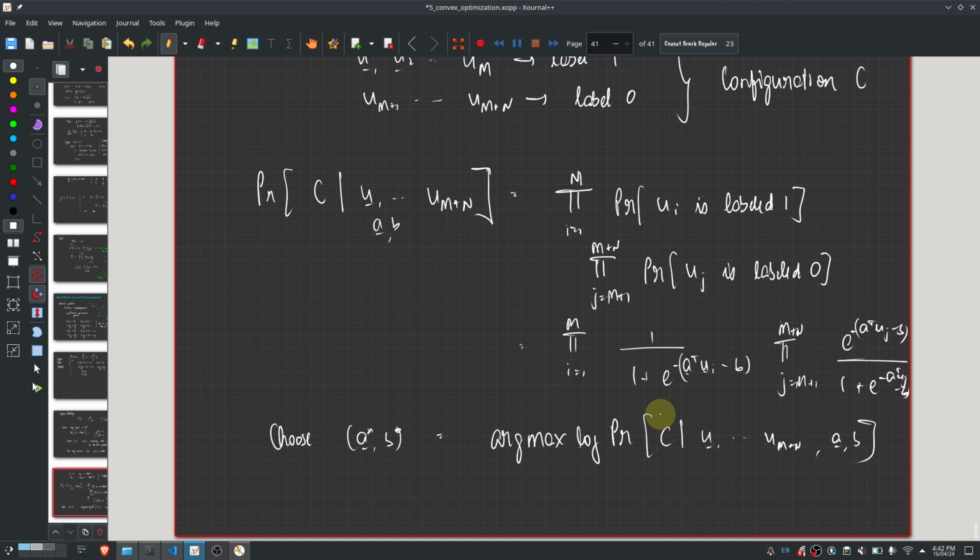This problem turns out to be a convex optimization. Log of the logistic function turns out to be convex. So you can use a convex solver in order to solve this. And one can compare the performance of this particular classifier when compared to the support vector classifier. In certain cases, this would perform better.